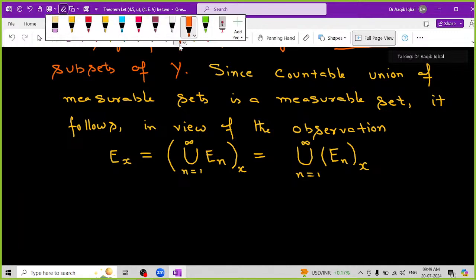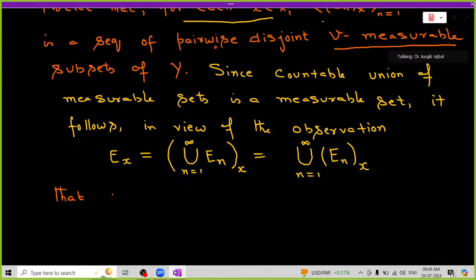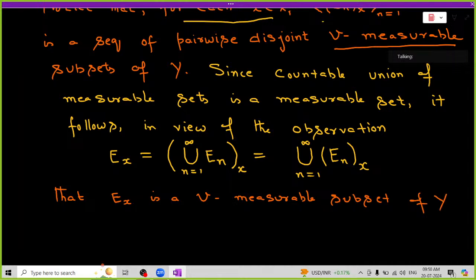Observation: this E sub x is a nu measurable subset of Y, and it is true for all the x's in X. Okay.